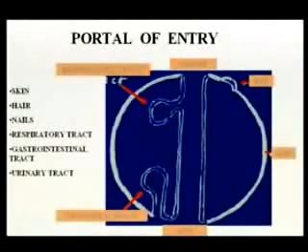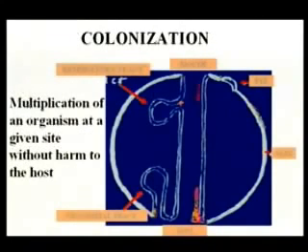This is a nice diagram a friend of mine gave me. This is an animal body: the mouth, the intestinal tract, the anus, the respiratory tract on the side, urogenital, eyeball, and skin. No problem here. Colonization, these organisms, you can get it out of the throat, but it's just colonization, meaning the organism is just living there, not doing anything, or in the respiratory tract, or in the rectum, or urogenital.